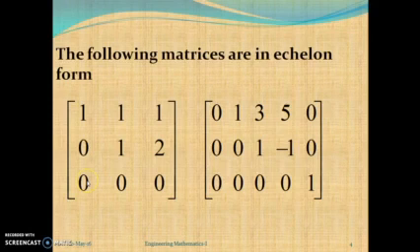The zero row is present below all the non-zero rows, and below all the diagonal elements all entries are 0. Therefore the first matrix is in echelon form. In the second, there are no zero rows, all are non-zero rows, but below all the diagonal elements there are 0 entries, therefore it is in echelon form.